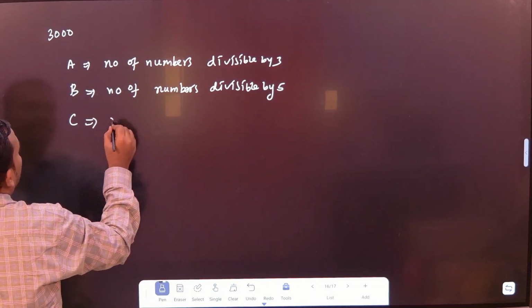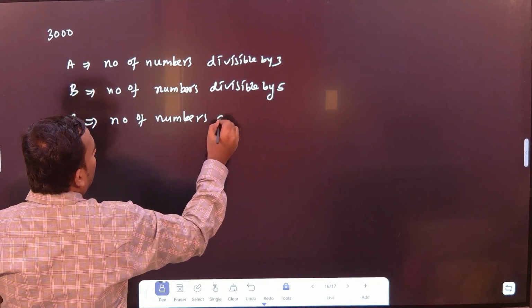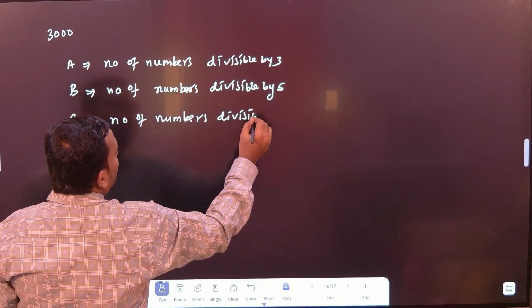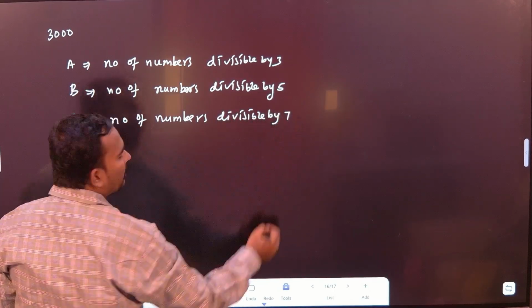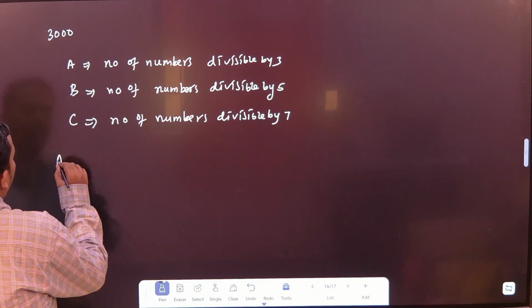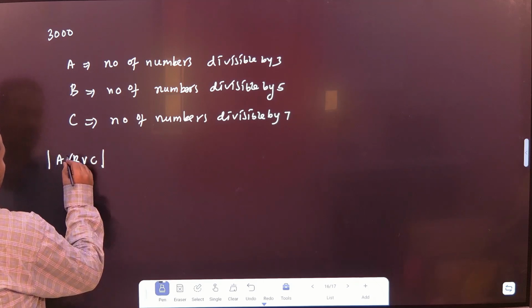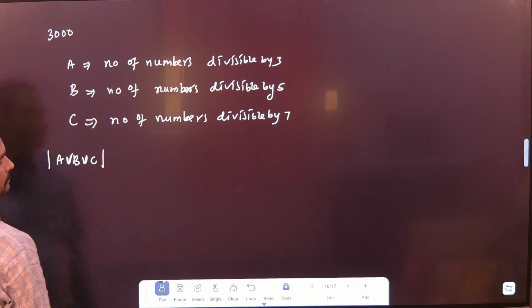And C, you can take the number of numbers divisible by 7. Okay, so what they are asking actually is A union B union C, right?